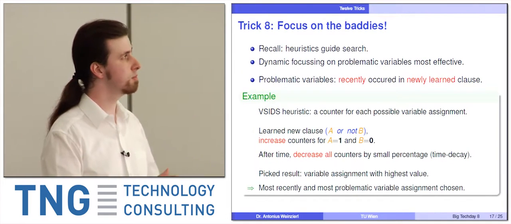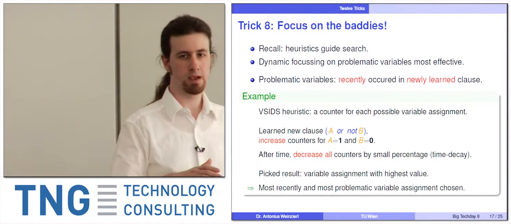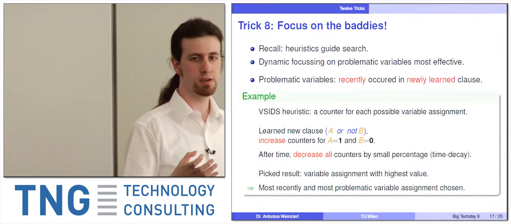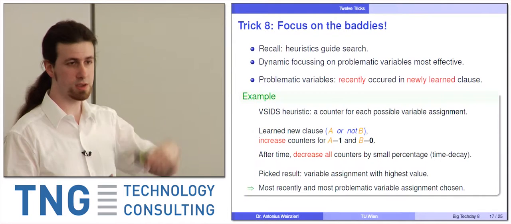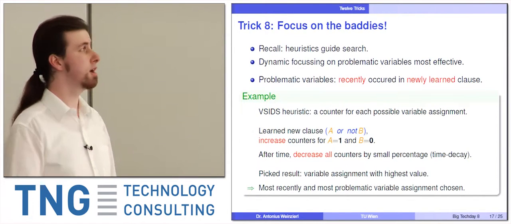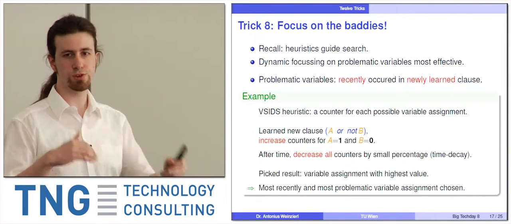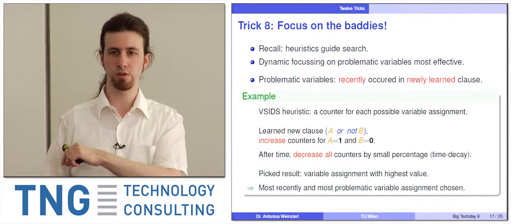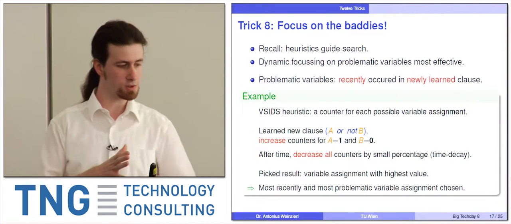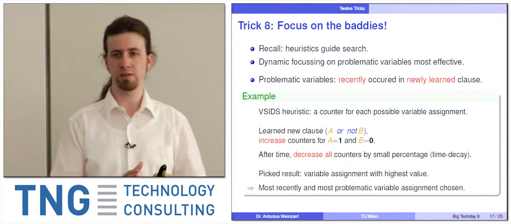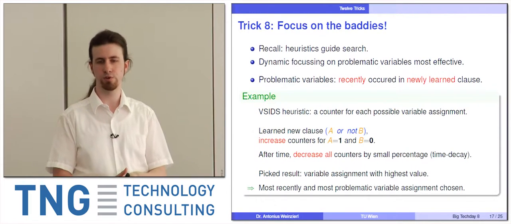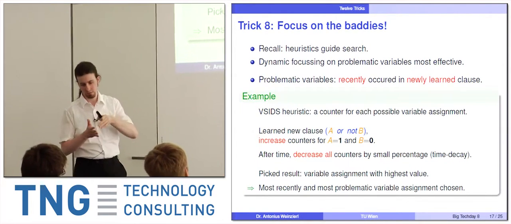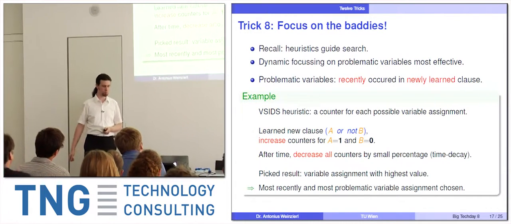So this is like some time decay, which means that we will most likely pick a variable with the highest counter number, and this will be a variable which occurred most recently in one of the learned clauses or in multiple of the learned clauses, so that we really focus on problematic variable assignments and try these variable assignments first. So we don't try the unrelated, the easy ones, we try the hard ones first, which make the problems.